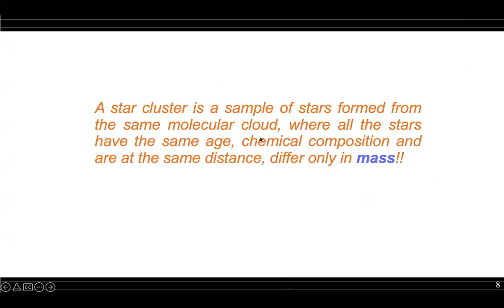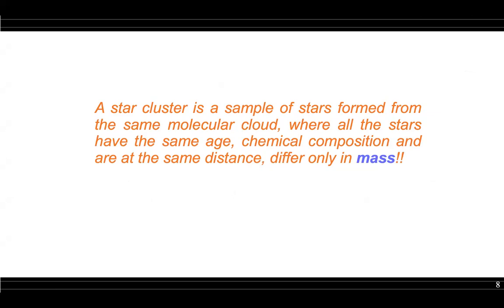So a star cluster is a sample of stars formed from the same molecular cloud, where all the stars have the same age, same chemical composition, and are at the same distance from us. They only differ in their masses. Because when this collapse takes place, the cloud itself can be denser in certain parts and less dense outside.